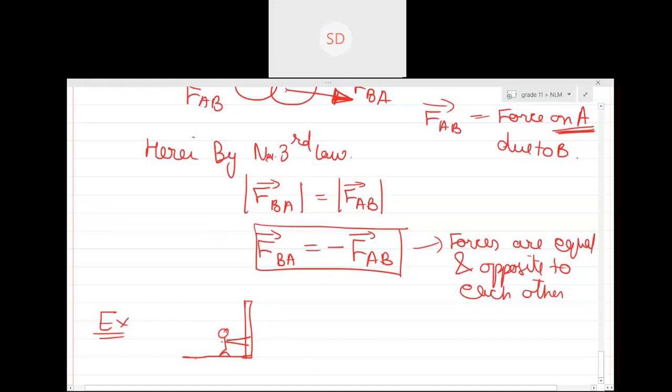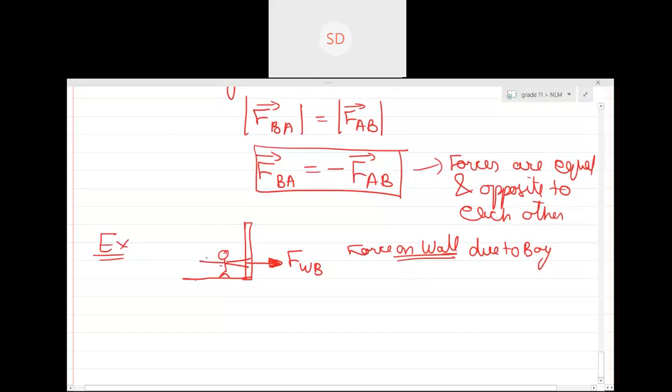So there is this boy who is trying to push the wall. So basically, he is applying certain force on the wall. So what is this? This is F_WB. What is F_WB? Force on the wall because of the boy, or due to the boy. Yes or no?